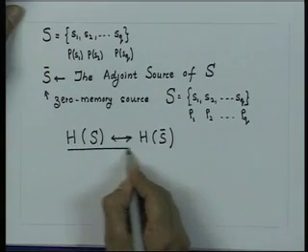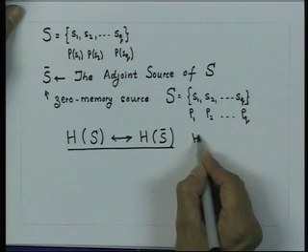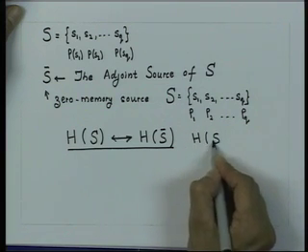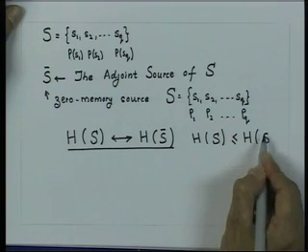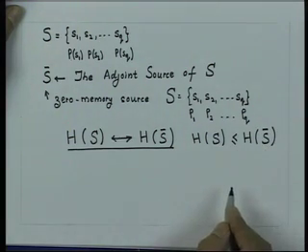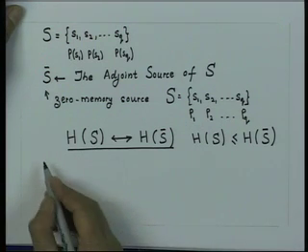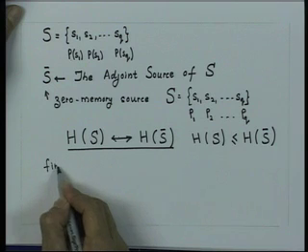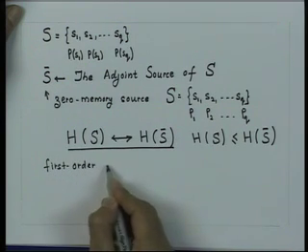Now, to calculate this relationship, which we said would be of the form H(S) is always less than or equal to H(S bar), I will assume that my source S is a first order Markov source.